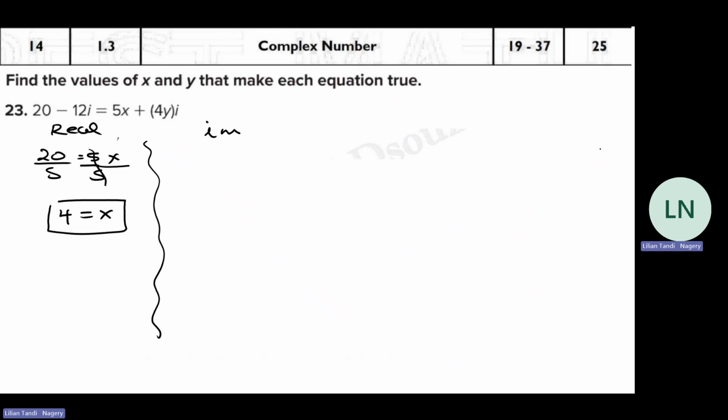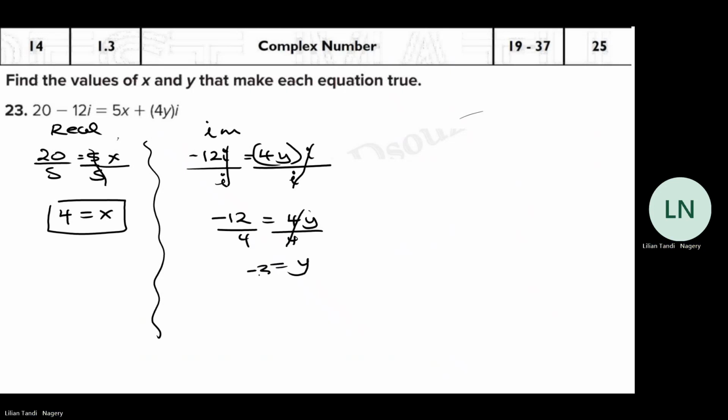And then negative 12i equals 4yi. Divide by i, it goes away. Negative 12 equals 4y. Divide by 4, 4. y is negative 3.